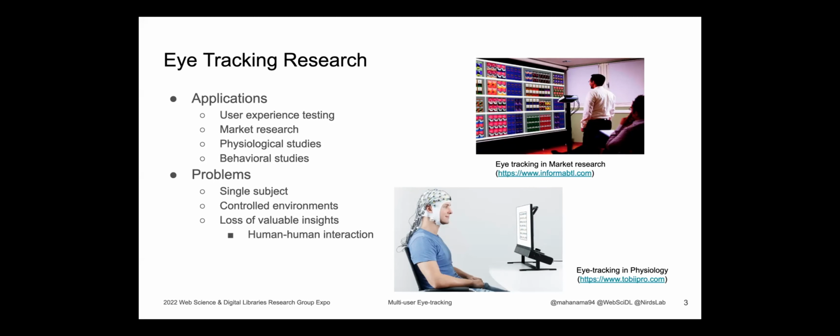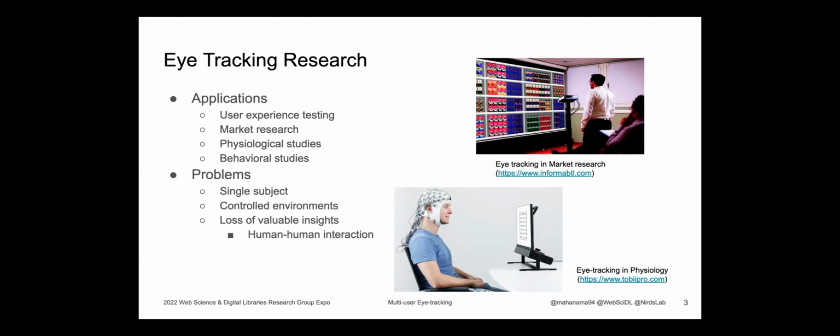The main problem with these kinds of studies is that they are restricted to single-subject studies. For example, over here we have two examples of eye tracking in market research and physiology. As you can see, there's only one participant. Also, these studies are conducted in controlled environments, usually in a laboratory setting.